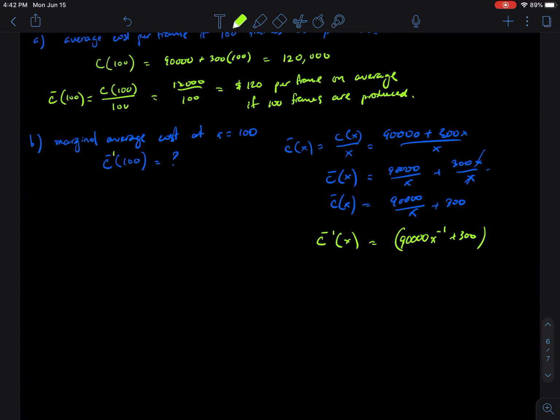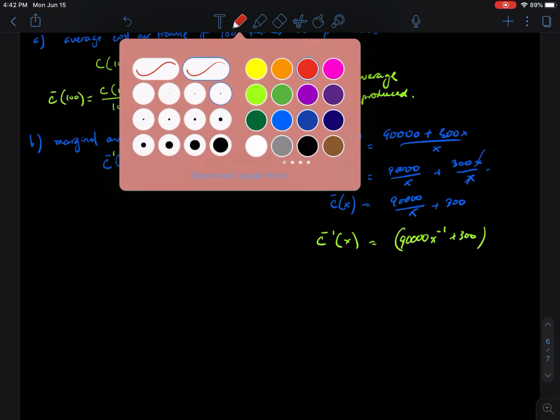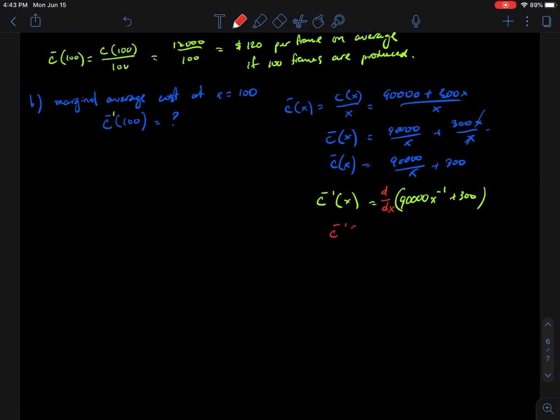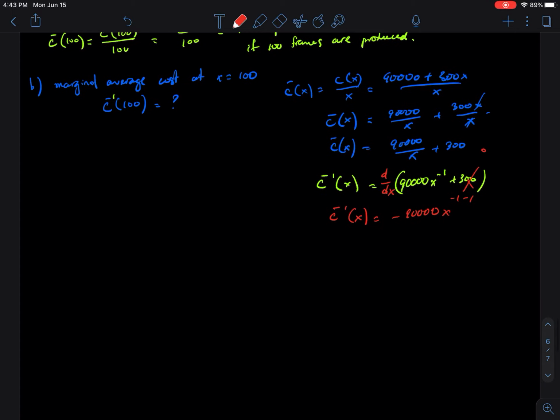And then we're going to find the derivative of this, d/dx of that. So C bar prime of x, the derivative of 300 is 0. Using the power rule, we get negative 90,000 x to the negative 1 minus 1, so we're looking at negative 90,000 over x squared, which is the marginal average cost.